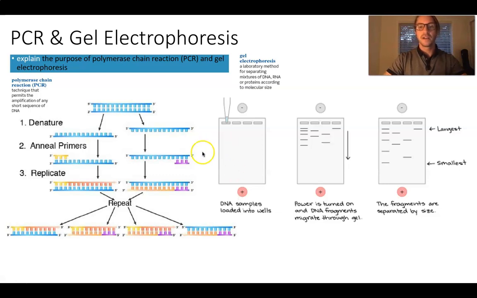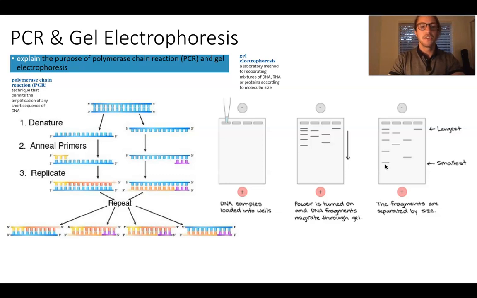If we run it across a ladder, say if we put a number of known strand lengths down the side, we can see, oh, well, this one moved this far, so according to our ladder, I can see that that's this many base pairs. We can see that this smaller fragment ran this far, and if I had a ladder there, it would tell me how many base pairs, how big, or what that fragment of DNA molecule is made up of, what base pairs, how many.